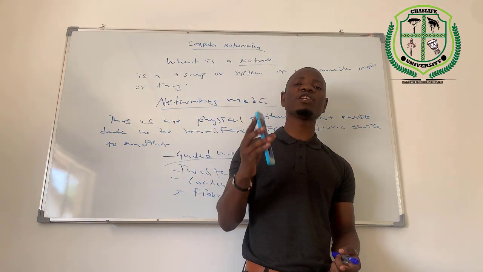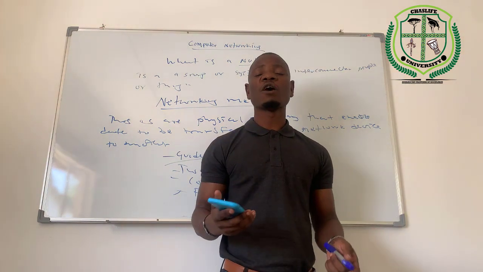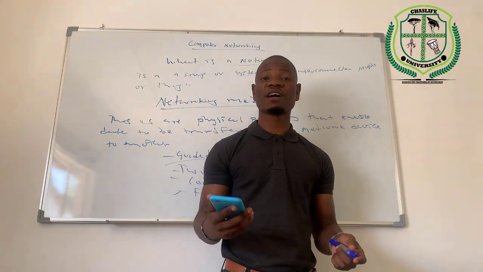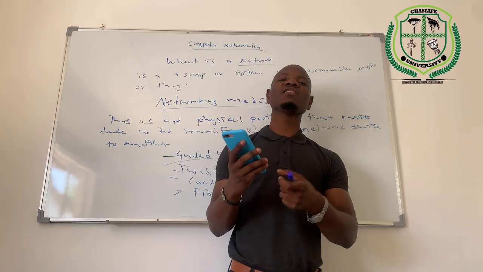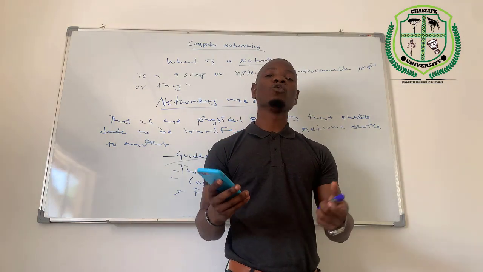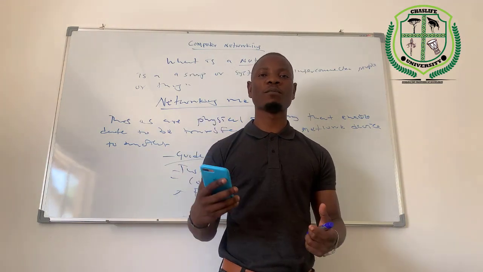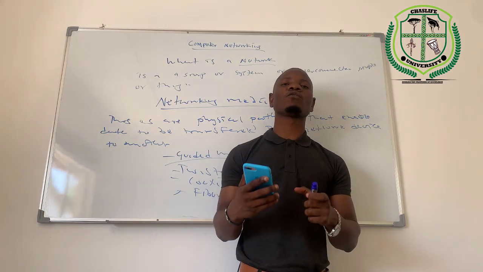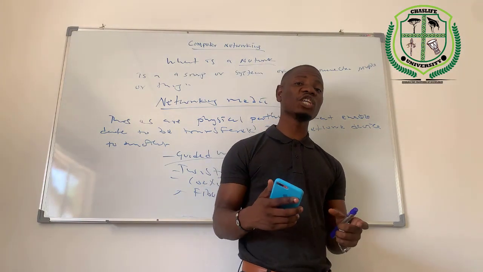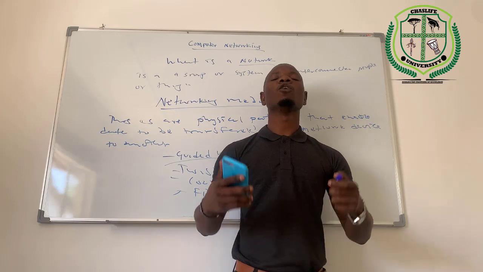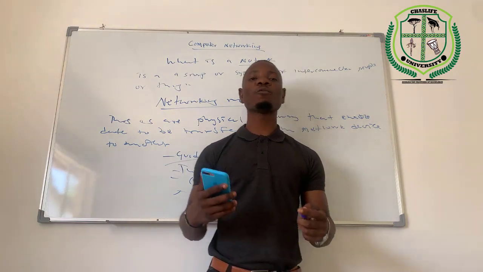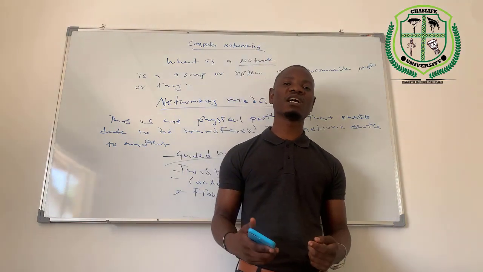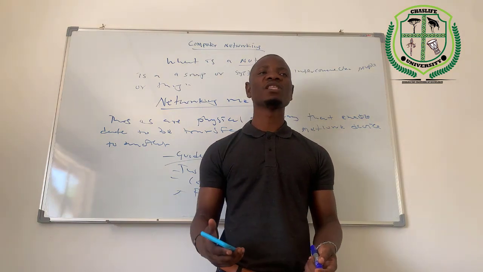Also, if you want to connect your phone or any other device to Wi-Fi, your connection is done through the air or space. You don't use a physical cable. So this is also part of radio wave. Another common example of unguided media is the microwave.